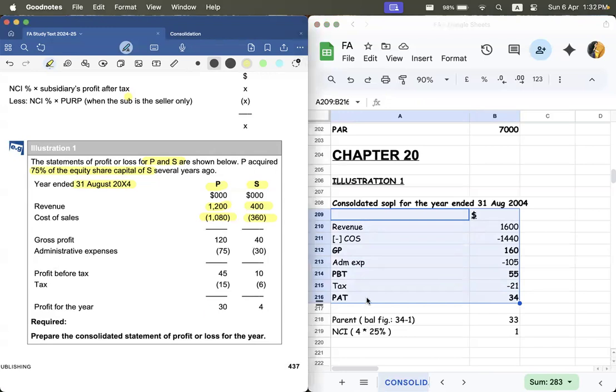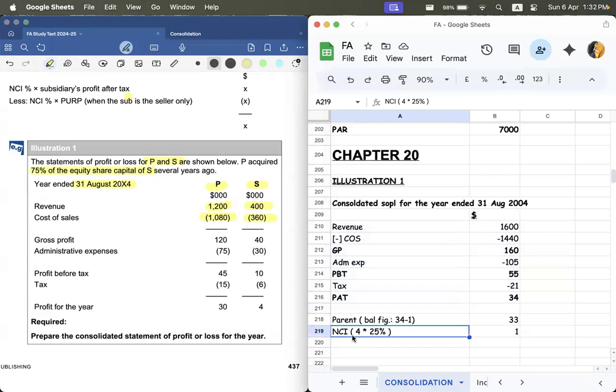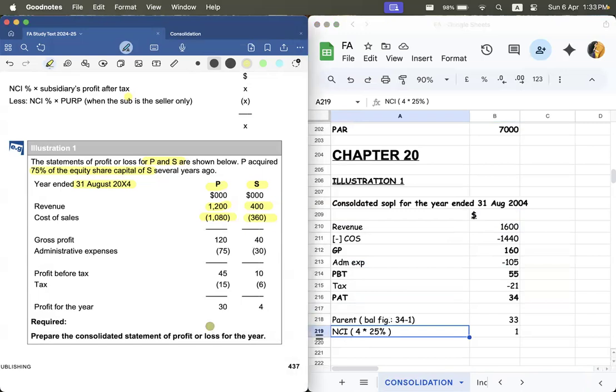Next, you have to split the PAT between the parent and NCI. Okay, but there is a twist here. What you do is you're going to find the NCI profit first and then calculate the parent. So how do you find the NCI profit?